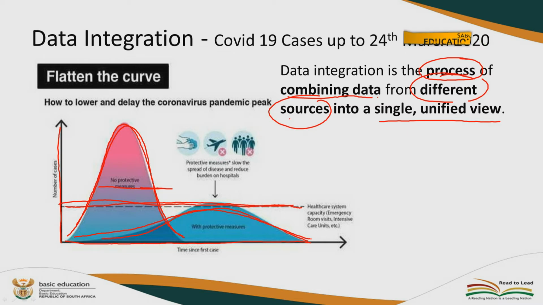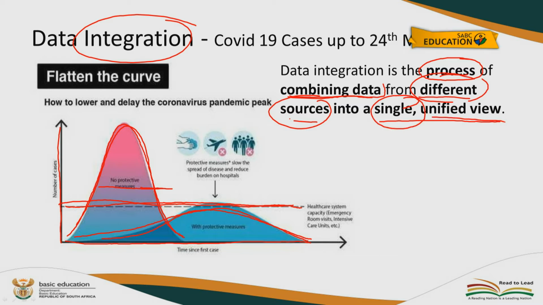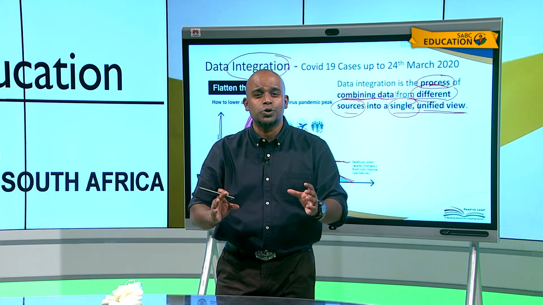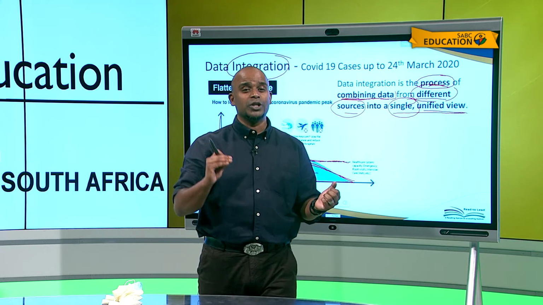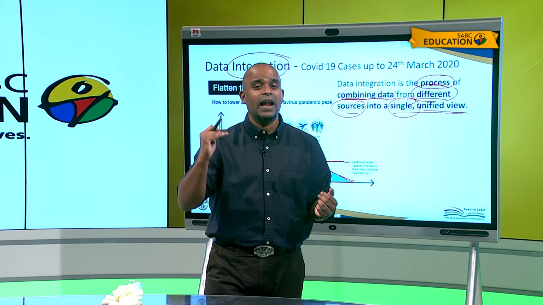Now we are able to make a judgment through data integration. And this integration is the combining of data from different sources into a single unified view. The best application is the flattening of the curve, the graph that shows you the capacity of South Africa medically to ensure that the infection rates are lower.